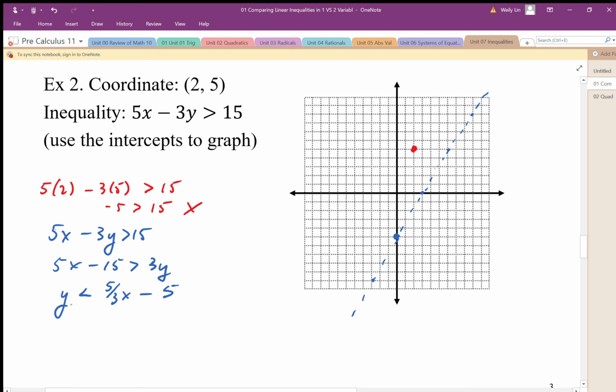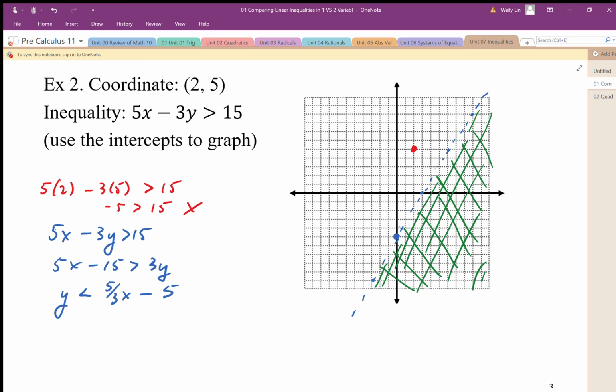And if I verify my inequality sign, y is less than, that also verifies that I should be using below the line as my solution set. So there's my solution set below the line. I can test any of those dots on that side and it will satisfy my inequality.